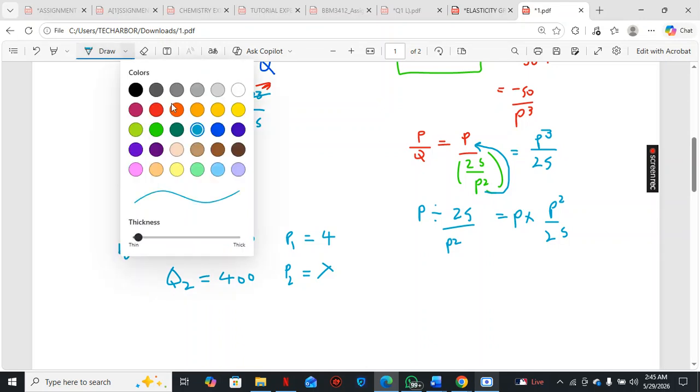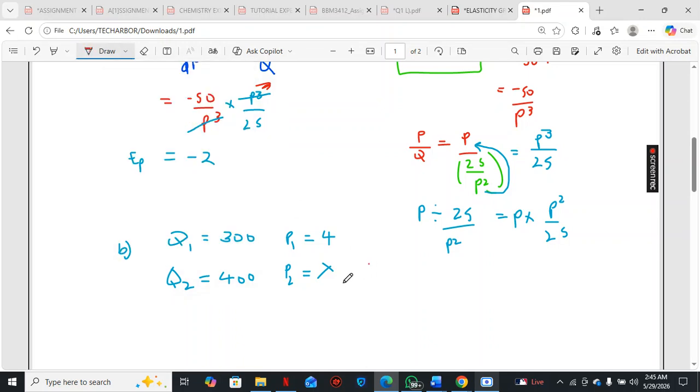So first things first, let's get our total revenue. So we say TR1, or total revenue 1, is going to equal P1 times Q1. That is 4 kwacha multiplied by 300.